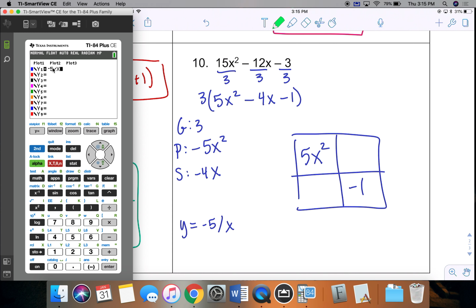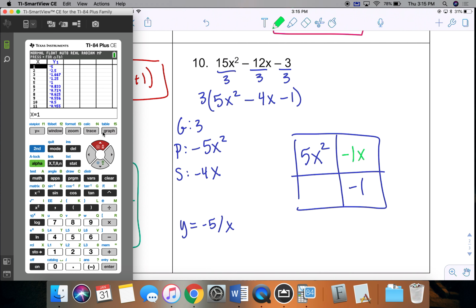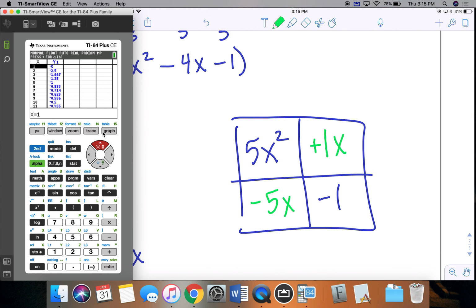So my product is -5, divided by x goes in y equals. Go to the table and search for the sum. So 1 minus 5 would get me a -4. Sorry, that's +1. And a -5. And then I factor out GCF.